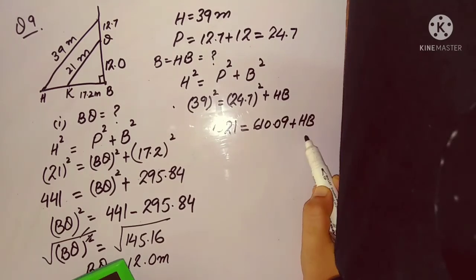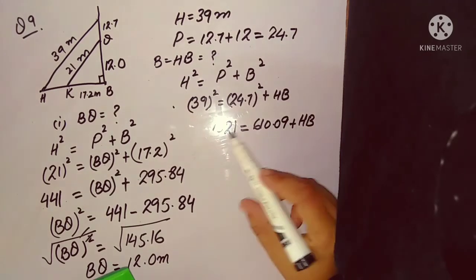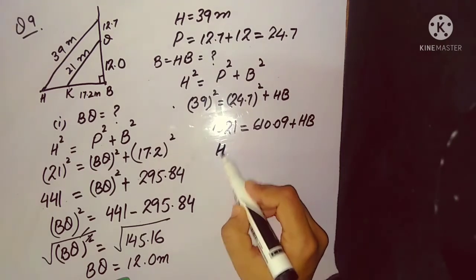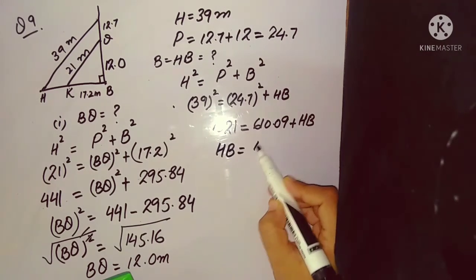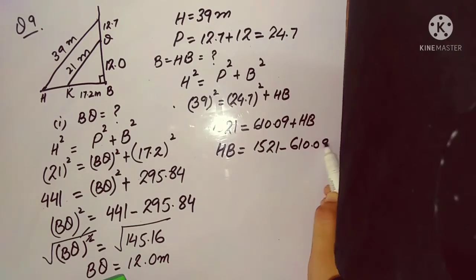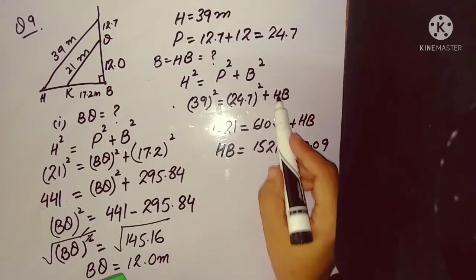As you have to find the value of HB, you move this value to this side. So HB square is equal to 1521 minus 610.09.